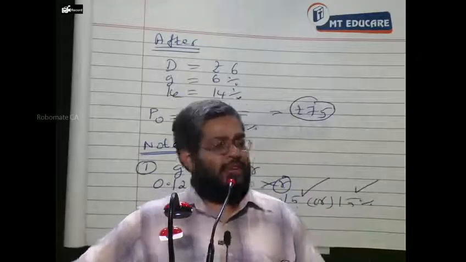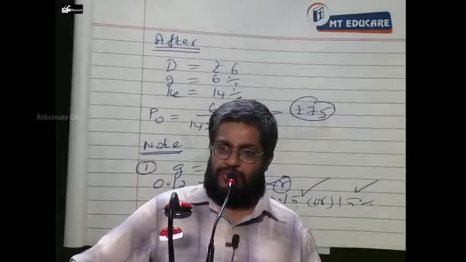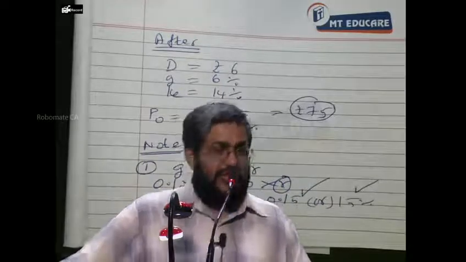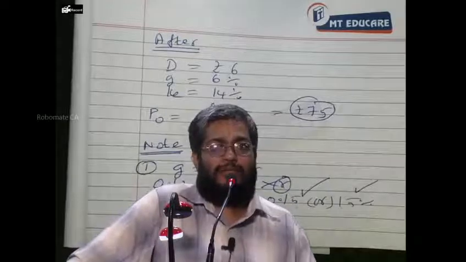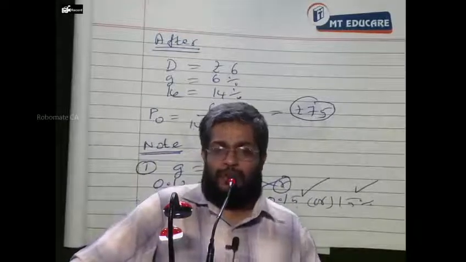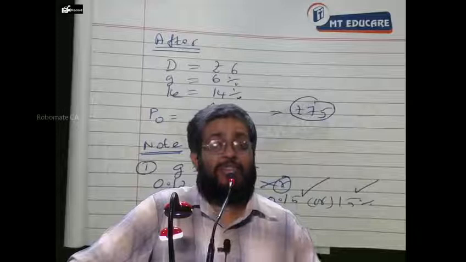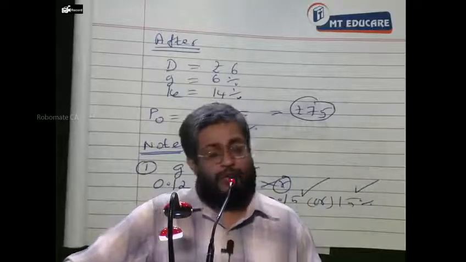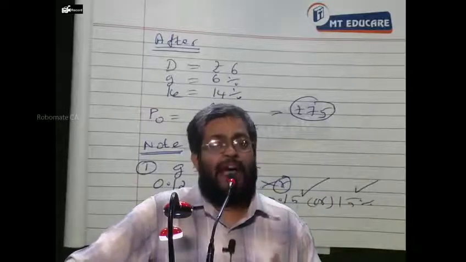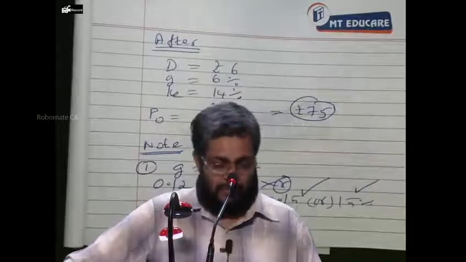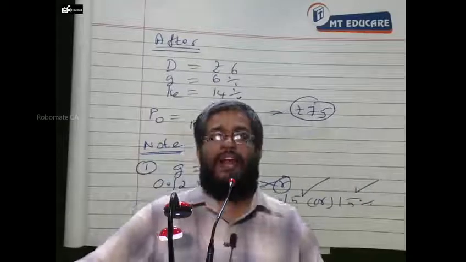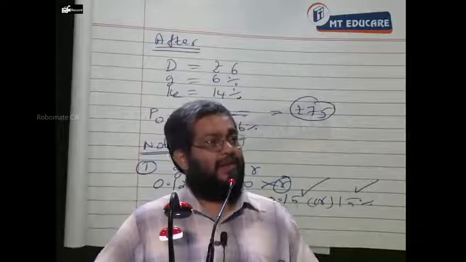Without him the share price was only 75, no? So 25 pounds into 2 lakh shares is equal to how many pounds? 50 lakh pounds. Everybody, are you comfortable or not?